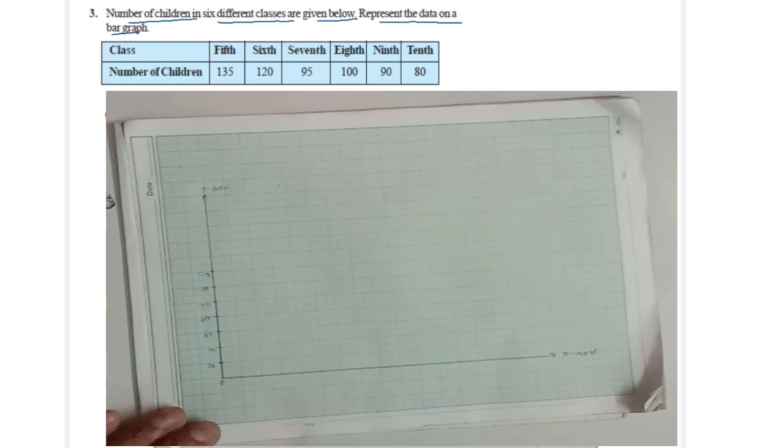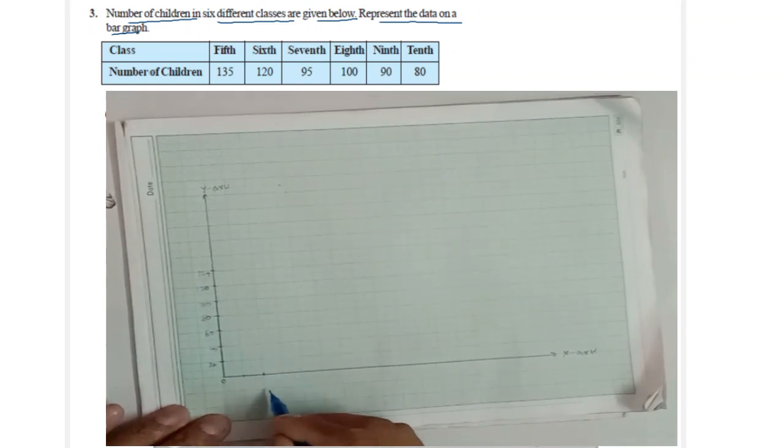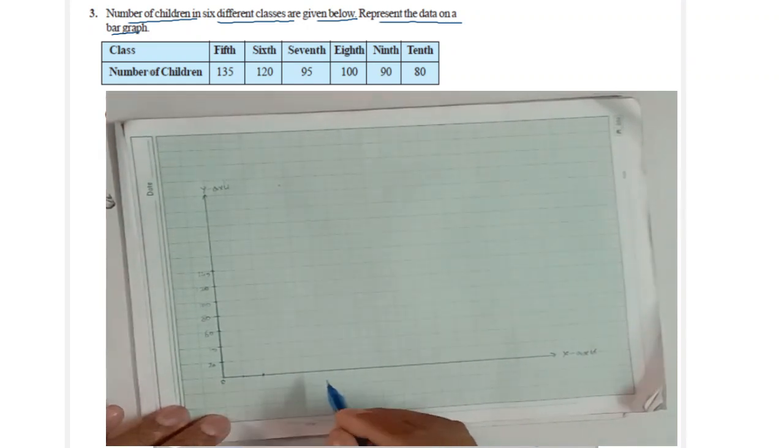Then on the x-axis we have to represent the classes. First of 5th class, take 1 unit, it is of 5th class. Then leave one box. Then take another.